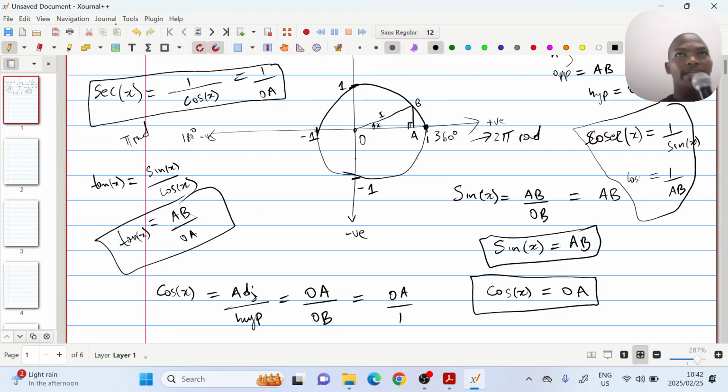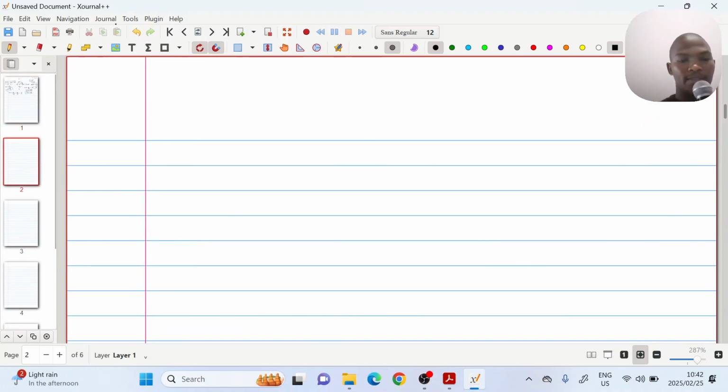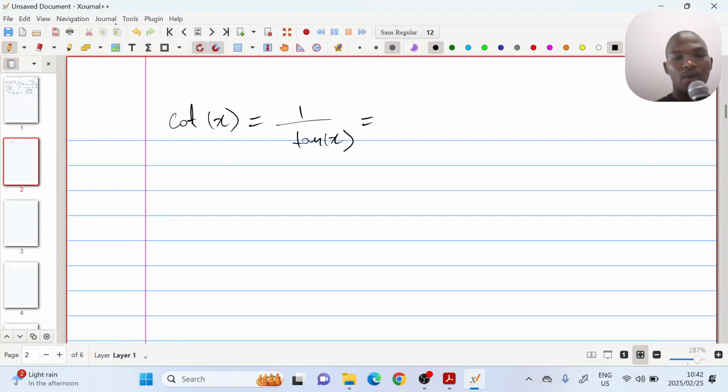What about the cotangent of x? So the cotangent of x, or you can just call it cot, is the same as 1 over tan of x. What was tan? You copied it. So what will this be?